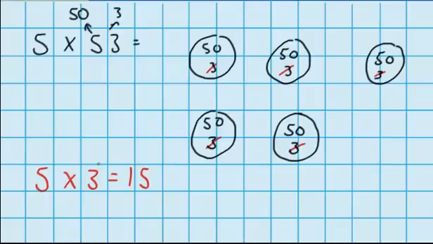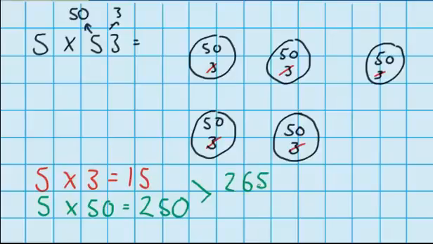And I've got 5 groups of 50, and I know that 5 groups of 50 is 250. So now all I need to do is add these two amounts together. 250 plus 15 is 265. So 5 times 53 is 265.